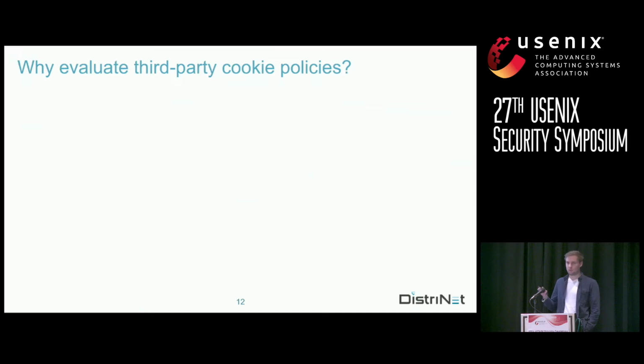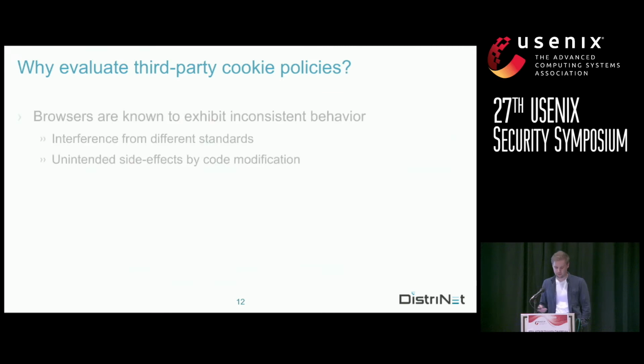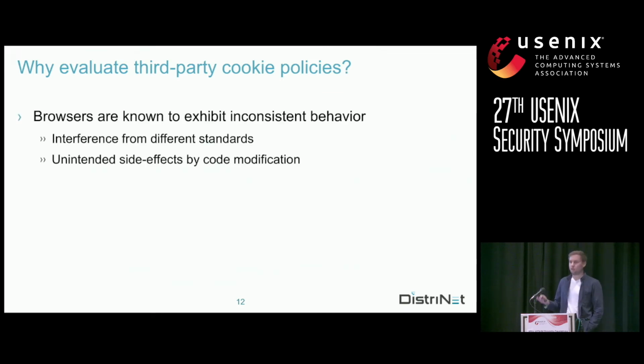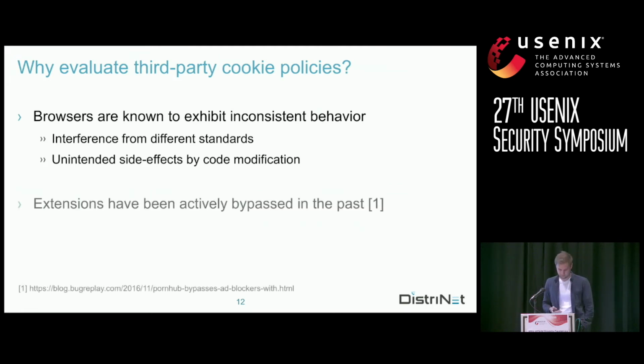So now that we know which third-party cookie policies exist, it still raises the question, why do we actually want to evaluate them? Well, first reason is browsers, which are known to exhibit inconsistent behavior, also implement some of these policies. And this inconsistent behavior can be due to the interference of web standards, but also due to unintended side effects by code modification.